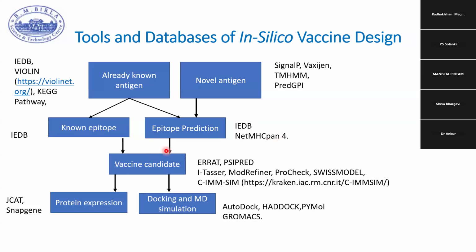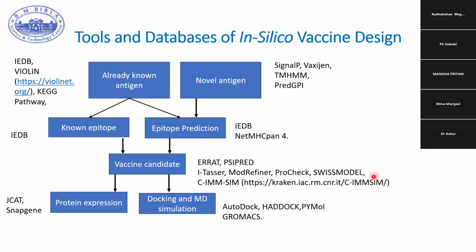After this, you can generate your vaccine candidate and predict the secondary and tertiary structure. You can also modify your tertiary structure using the ModRefiner tool, and you can also use Swiss model. But you have to be careful with Swiss model if you are generating a novel vaccine, because Swiss model only predicts for already known proteins.